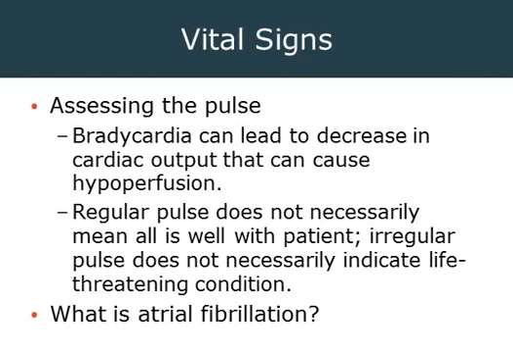An irregular pulse does not necessarily mean all is well, and an irregular pulse does not always mean that they have a life-threatening condition. Take, for example, atrial fibrillation. Atrial fibrillation is what we often call the nursing home rhythm by nickname. If you want to look at the bottom of page 457 in your text, you'll see an example of atrial fibrillation.